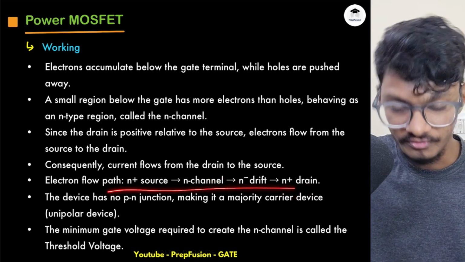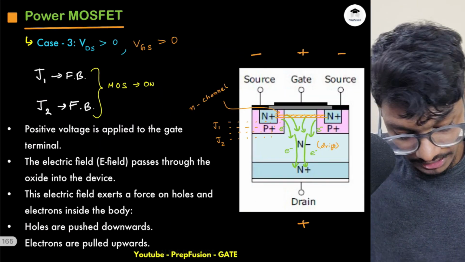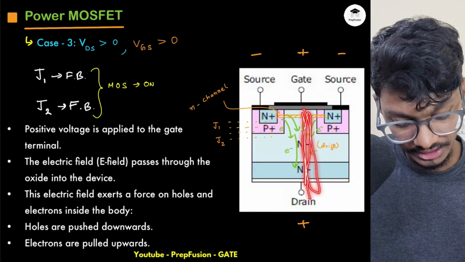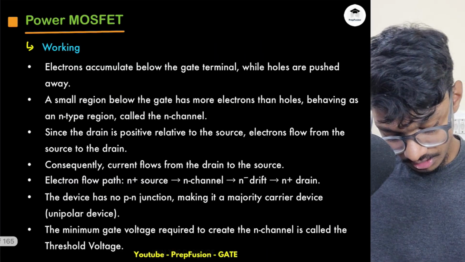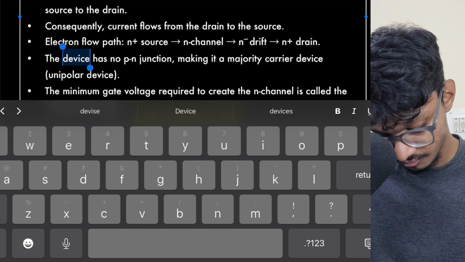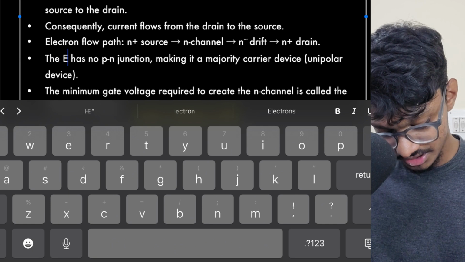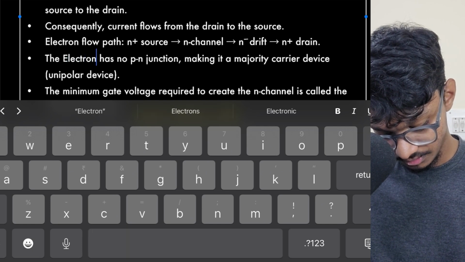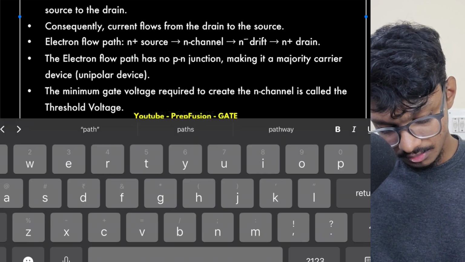So this is basically the flow of electrons: the channel is formed and the current flows. The device has no PN junction here. During the flow of current, the current flow path doesn't have any PN junction. So the electron flow path has no PN junction, hence this is a majority charge carrier device.